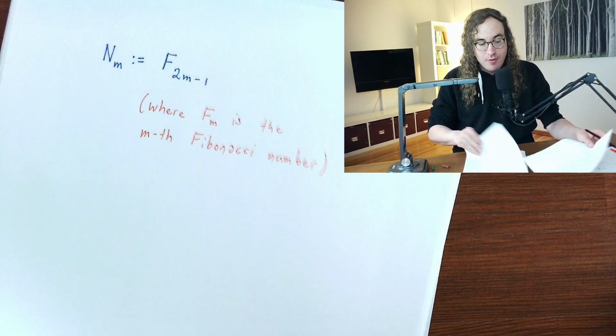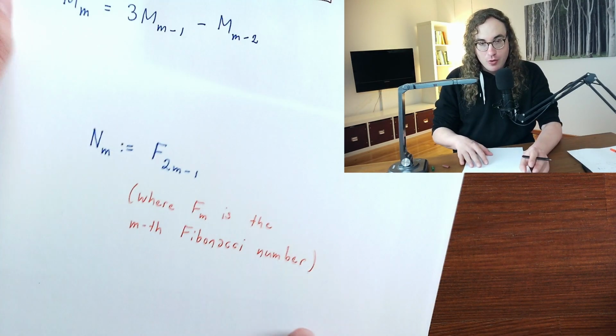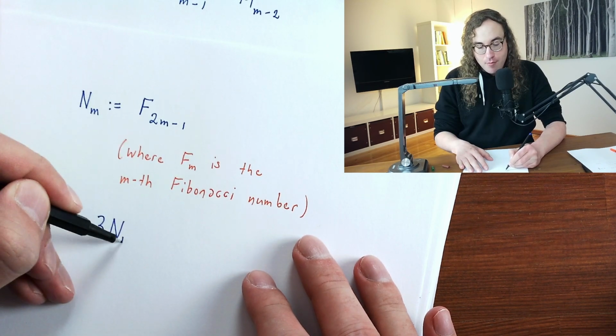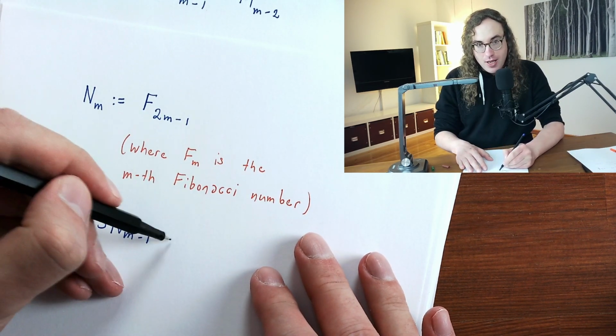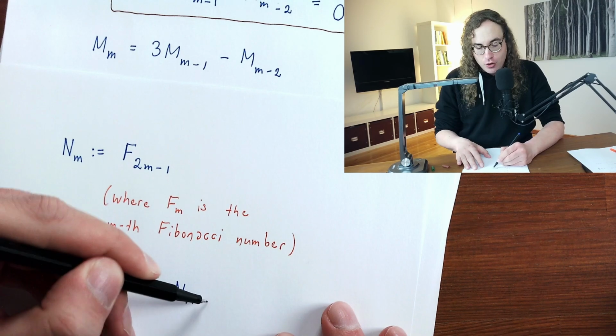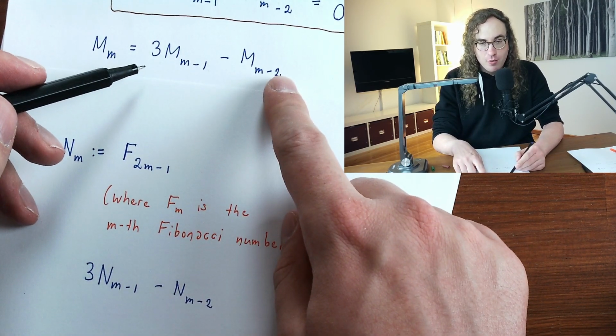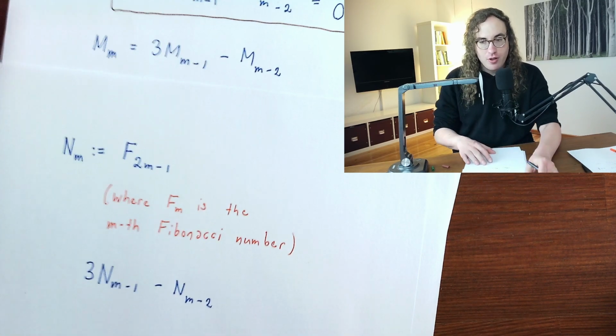So I will just first compute what 3nm minus 1 minus nm minus 2 is. In order to get the comparison to the sequence m, let me just compute what this is for the Fibonacci numbers.